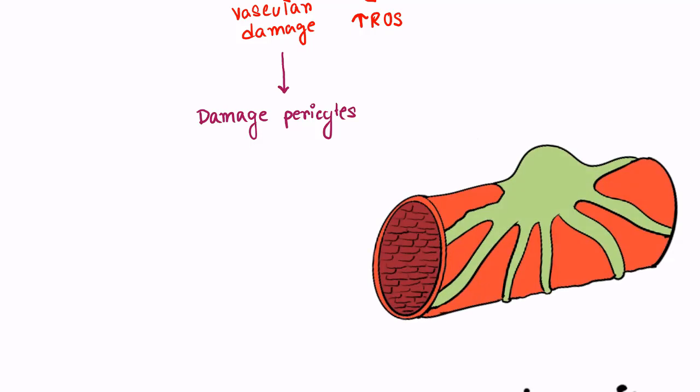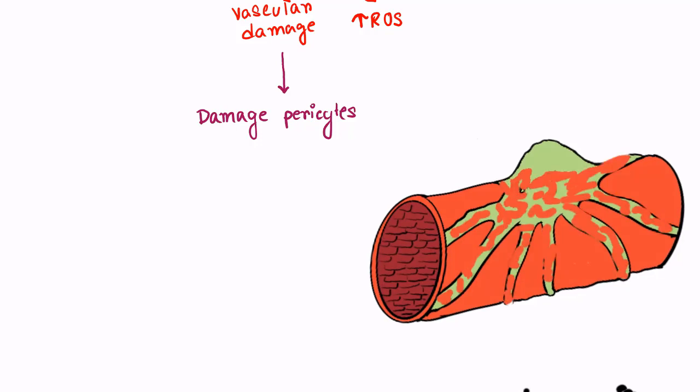Say this is a picture of retinal capillary. The green colored cell is pericyte. Pericytes are cells that wrap around the endothelial cells that line the capillaries. These factors cause damage to the pericytes, which results in loss of pericytes, which is the earliest sign of diabetic retinopathy.